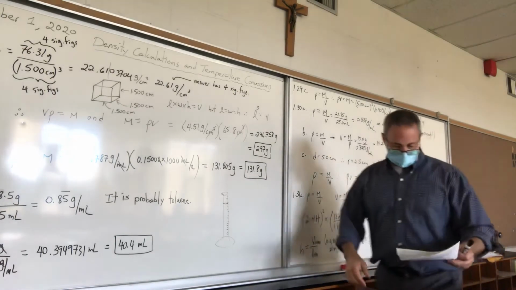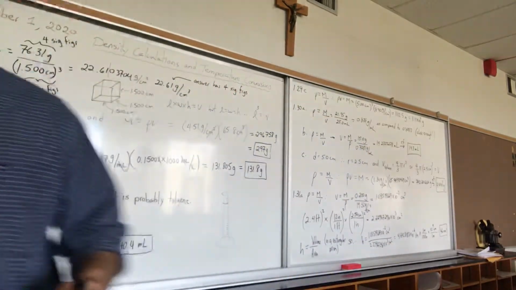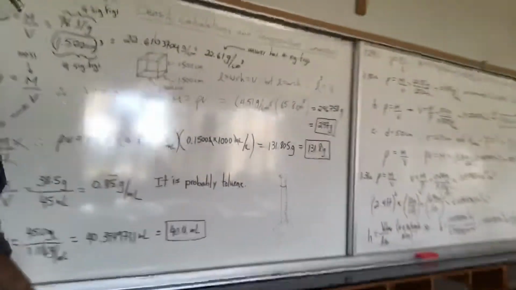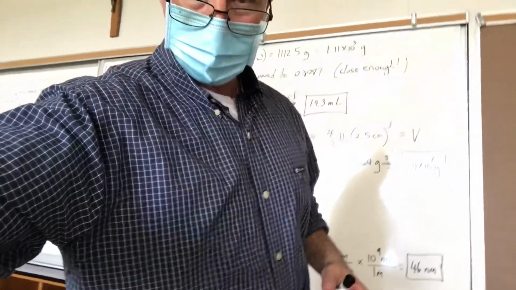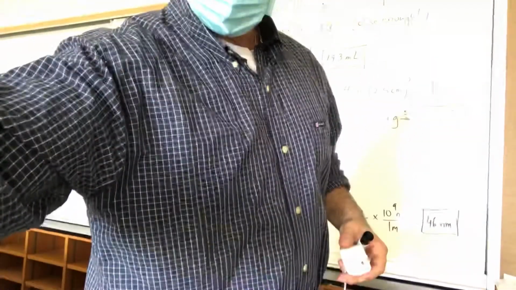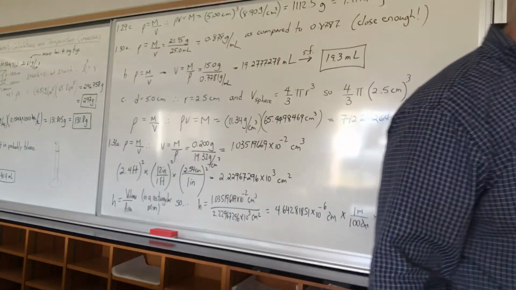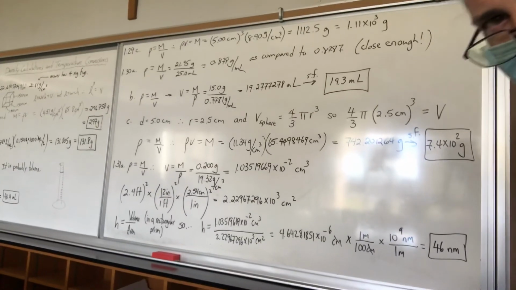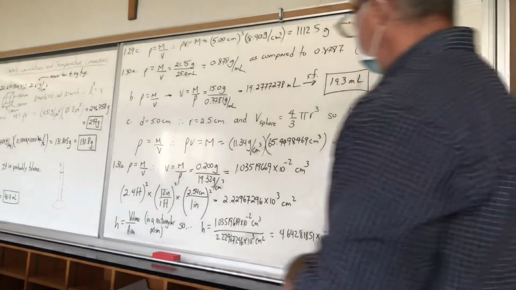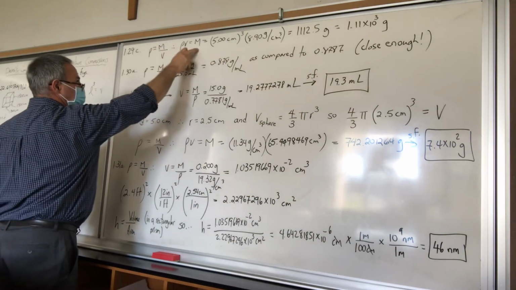Now we're doing 129C. I've rearranged the formula so it's density times volume to get the mass.